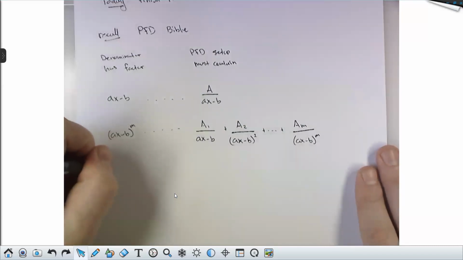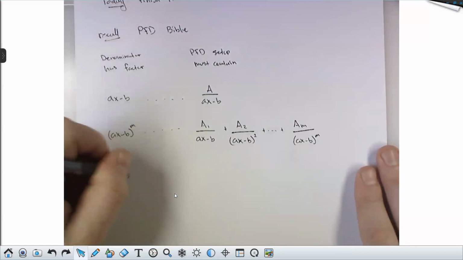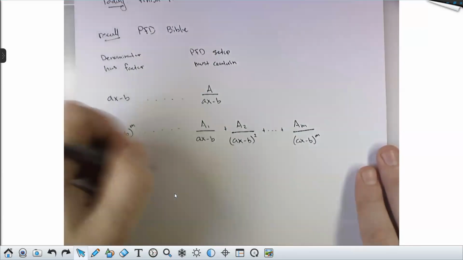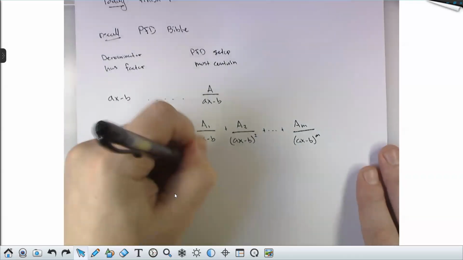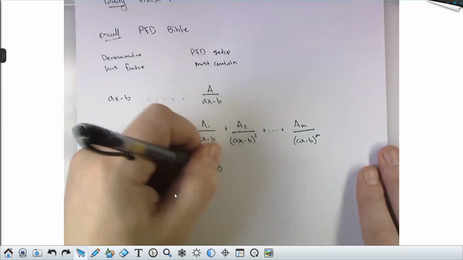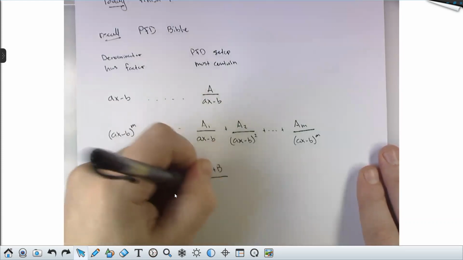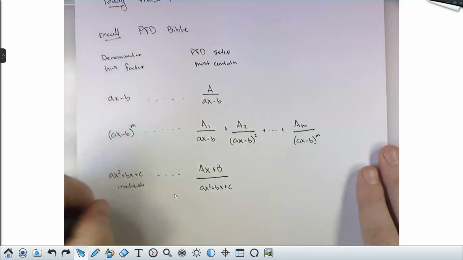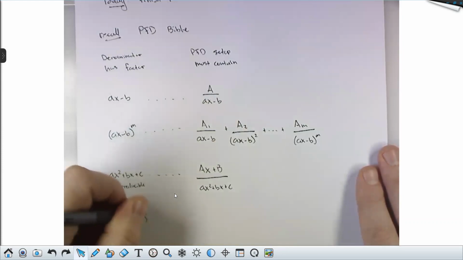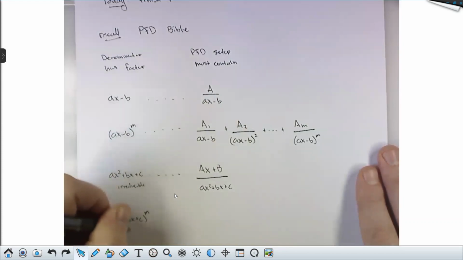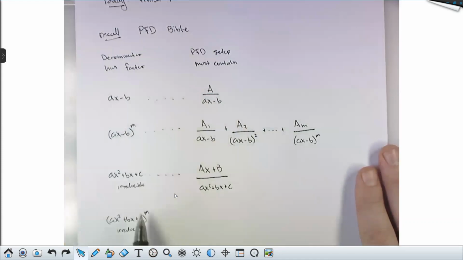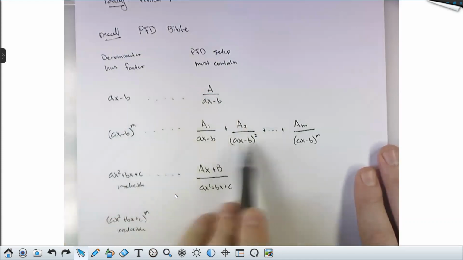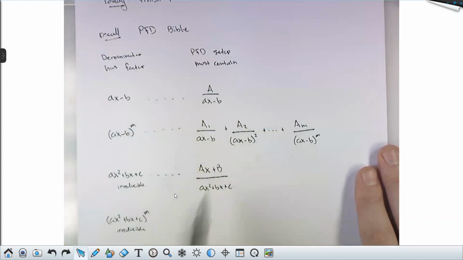It is also possible that you have an irreducible quadratic, and in that case, your PFD setup will have to have a linear term. And then you could have an irreducible quadratic that is repeated. Then you'll need m terms, just like here, but each of them looking like this.